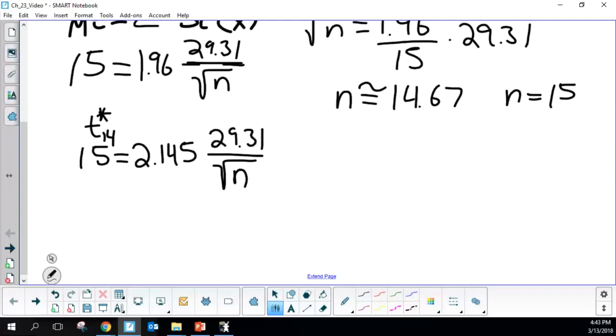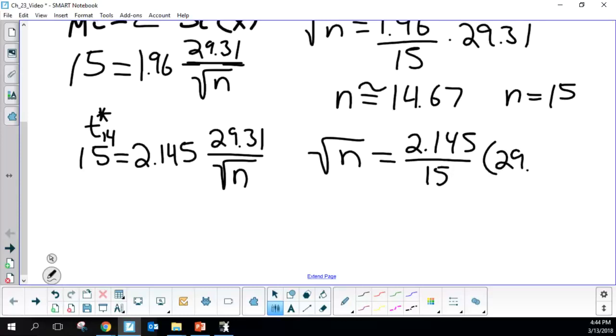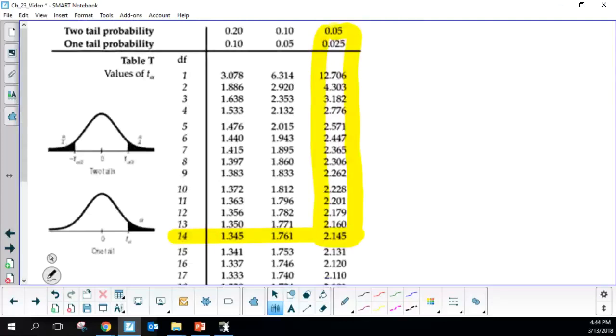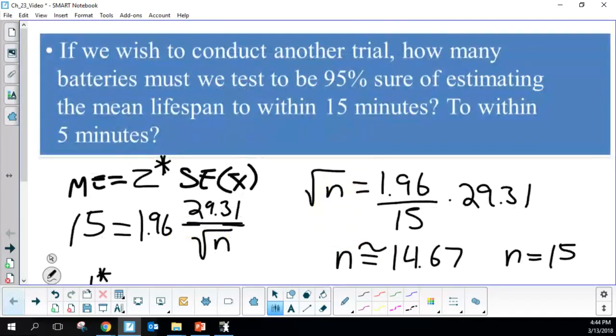So if I do this, we solve this, we have the square root of n. So let's go ahead and do a little bit of manipulation here. Square root of n is going to be equal to 2.145 divided by 15 times 29.31. And now if we use this information, let's see. Oh, that's what went wrong. Sorry about that.